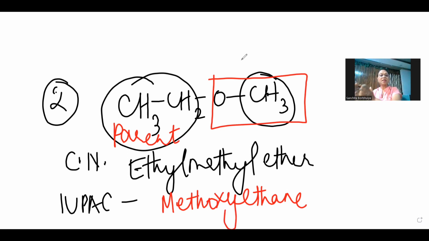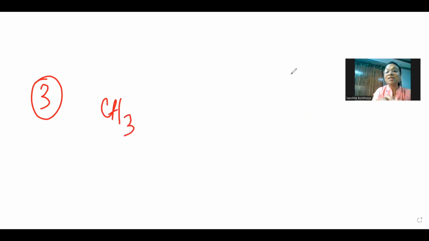Once again, I repeat that out of the two alkyl groups, whichever has more carbons is the parent, and the parent is written last. The substituent first. Like branches are always named prior to the parent. Same rules. Going to the next compound, we can keep on doing a lot of variations here and there, isn't it? Okay, so going to the next one, let me take up, because I'm always interested in teaching you all iso, tertiary, neo, this compound.